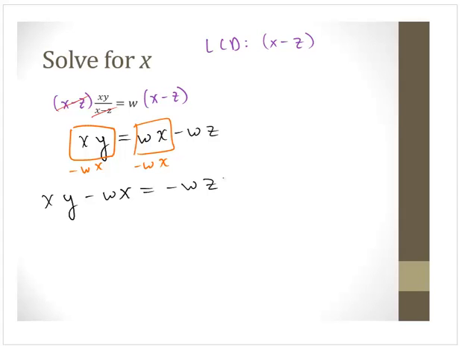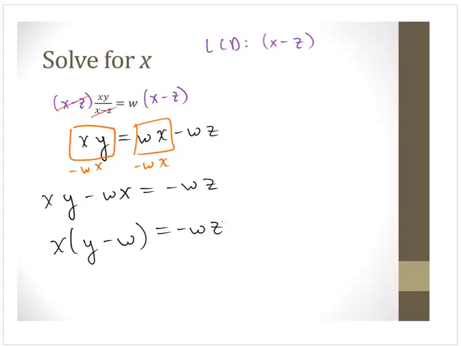Now I'm going to use factoring. Notice that x is a common factor for both of those terms on the left-hand side. So that means I can write the left-hand side as x times y minus w. And that's equal to negative wz.